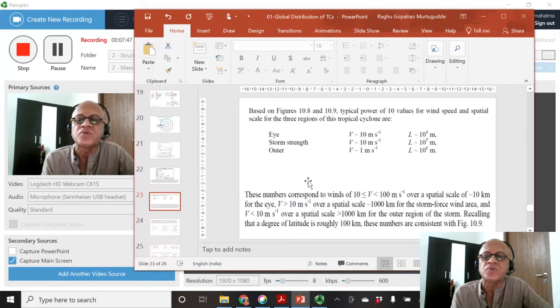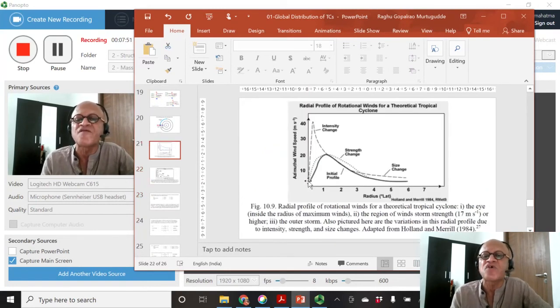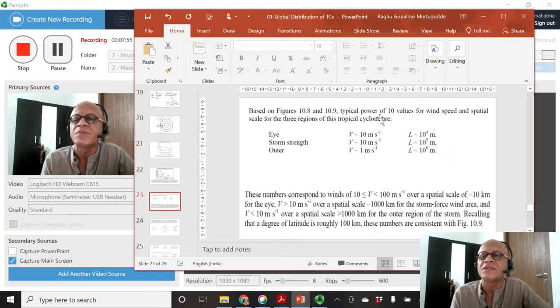Okay, so we can then look at these two figures and pick off points, and typical power of 10 values for wind speed and spatial scale for the three regions of this tropical cyclone can be picked off from the plots. So in the eye, about 10 meters per second over 10 to the 4 meters, so 10 kilometers.